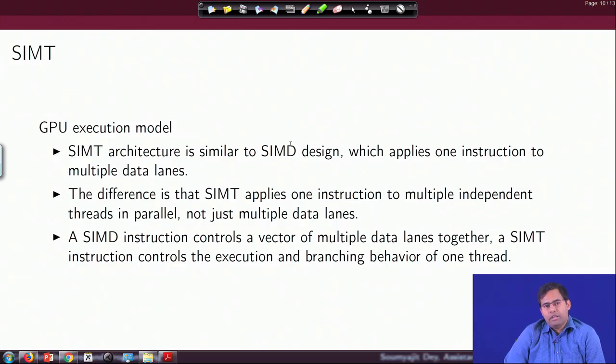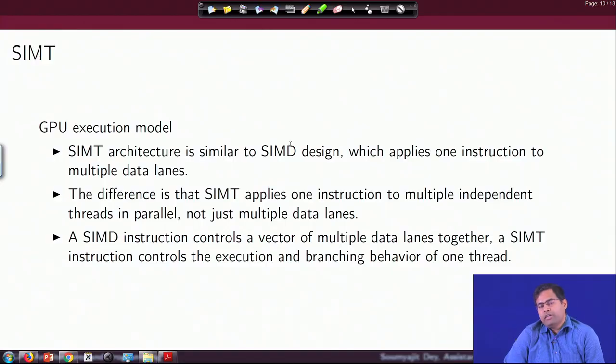Then again there is another SIMD instruction which is making progress with the operation for that specific collection of threads, and in that way things are going on. So, what we have is a nice data parallel program, and that data parallel program has multiple threads of computation, and they are all being executed synchronously by a sequence of instructions.